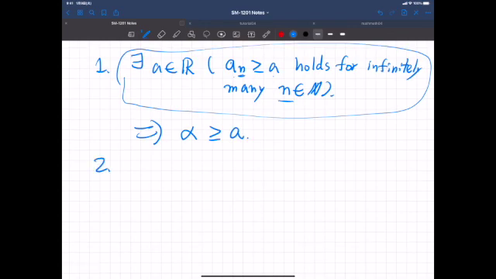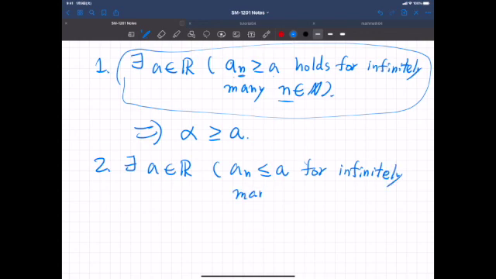Similarly, if there is a real number such that an is less than or equal to a for infinitely many n, and if this is true, then alpha, let's call it b instead of a, then alpha is less than or equal to b.